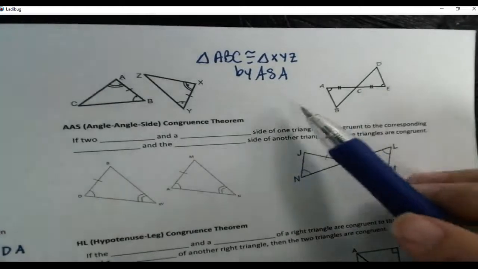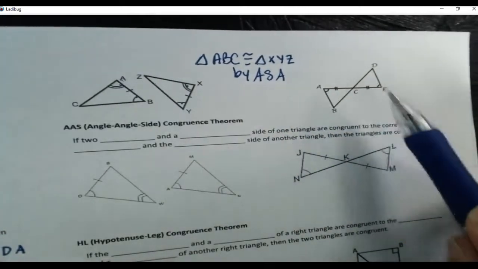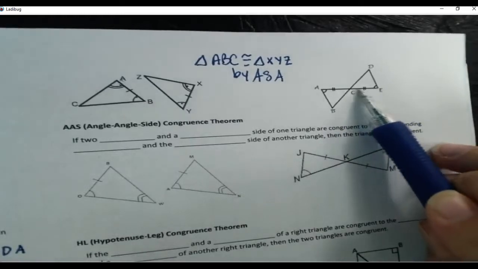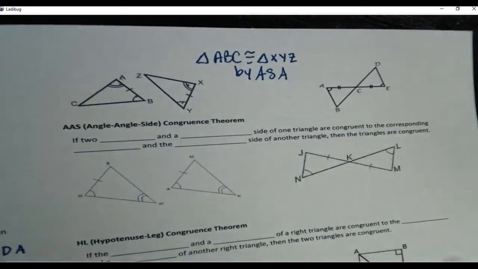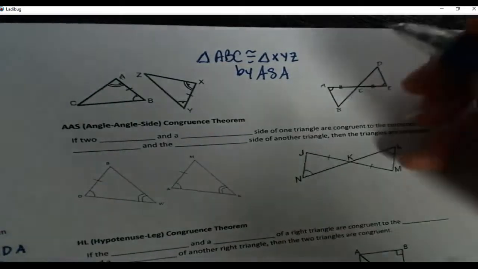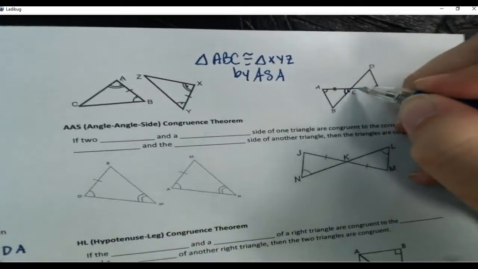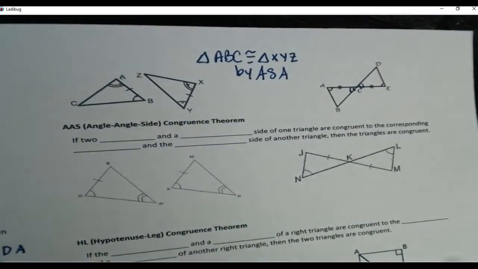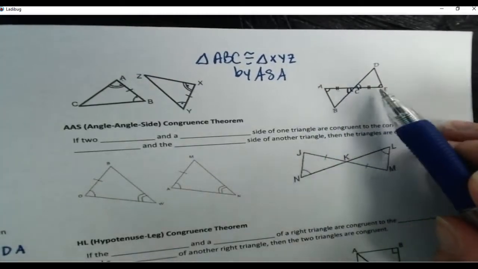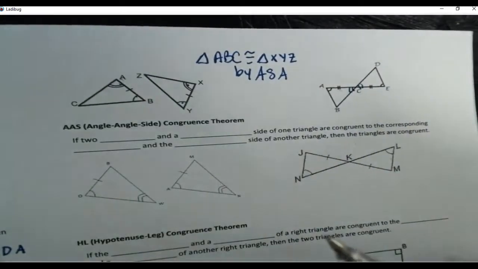So if we look at our next one, all I know is that A is congruent to E and AC is congruent to EC. So that's only two things. I have to know at least three things. Is there anything that I can assume? Good. So these in here at C are vertical, so they are also the same. So now I have angle, side, angle, angle, side, angle.